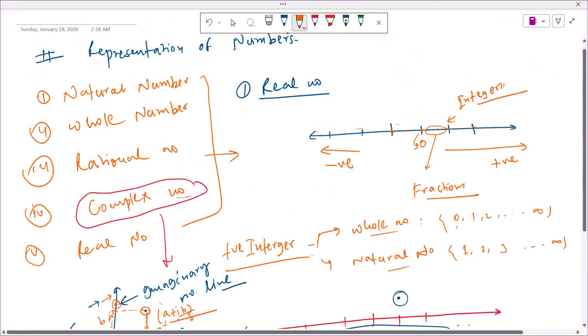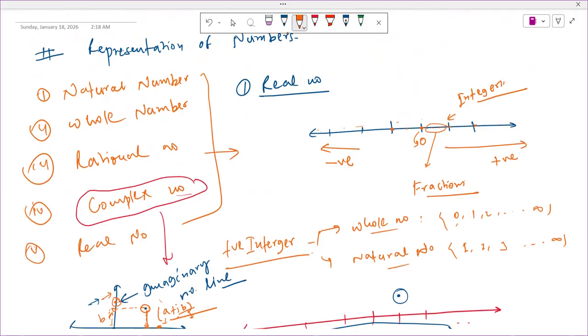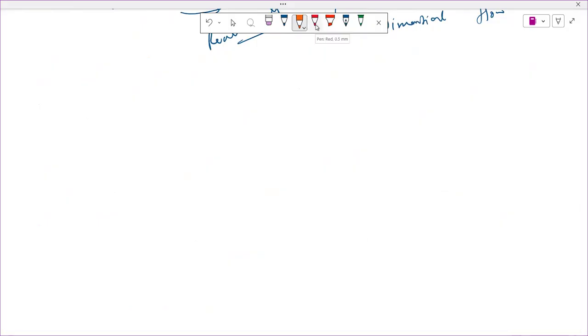So we discussed that a rational number is basically the set of integers and fractions. We discussed natural numbers, whole numbers, real numbers, complex numbers. So if we have to make a tree, then what will come on top? Let's see. Basically, you have complex number, right?